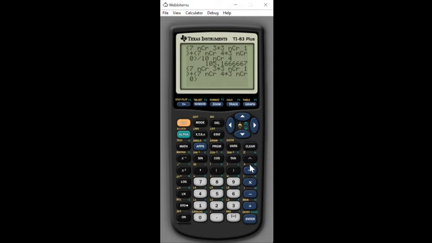Let me delete everything here, and I'll tell you what I'm going to try to do. I'm going to try putting some parentheses here, and parentheses here, and then maybe one more time, parentheses there, and maybe one more here, and enter that, okay.